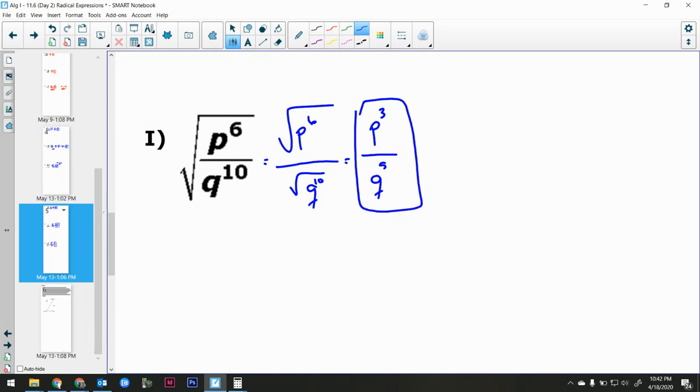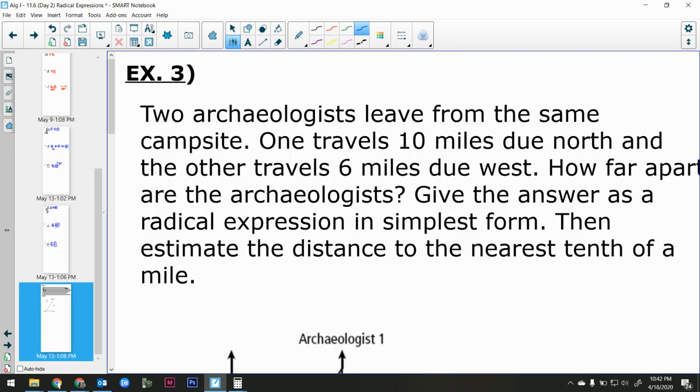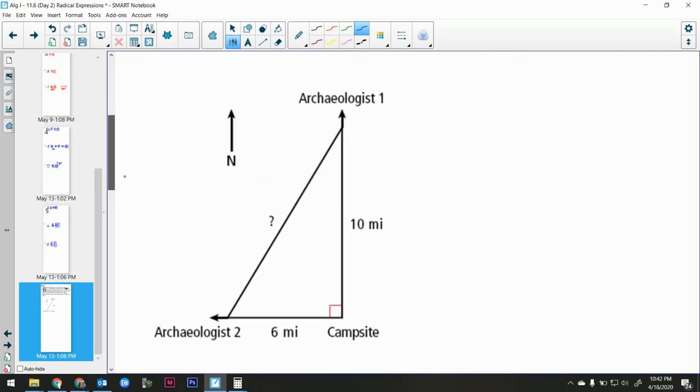All right. Last problem is a word problem. 2 archaeologists leave from the same campsite. One travels 10 miles due north, and the other travels 6 miles due west. How far apart are the archaeologists? Give the answer as a radical expression in simplest form, then estimate the distance to the nearest tenth of a mile. So here's the diagram that I've gotten. Now, what can we do here to solve for the hypotenuse of the right triangle?